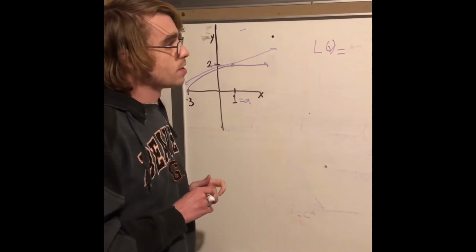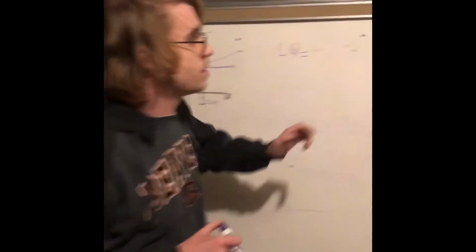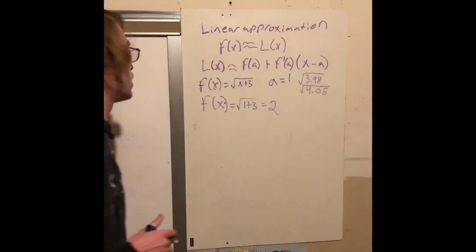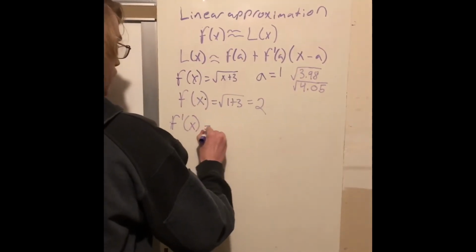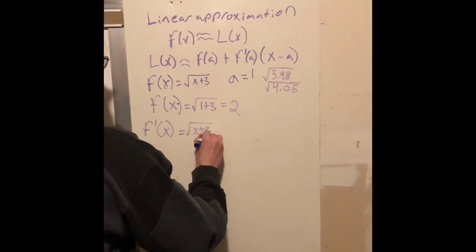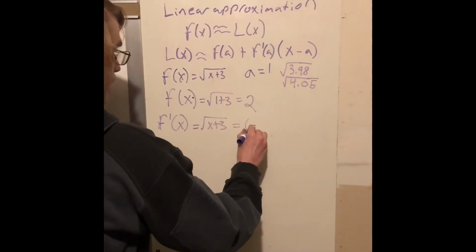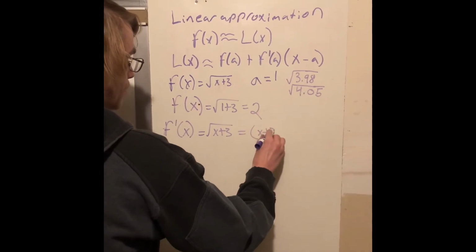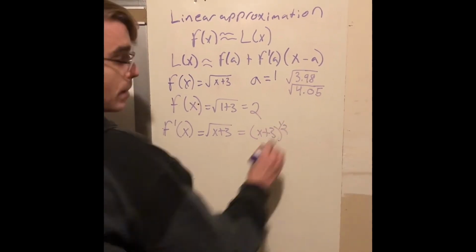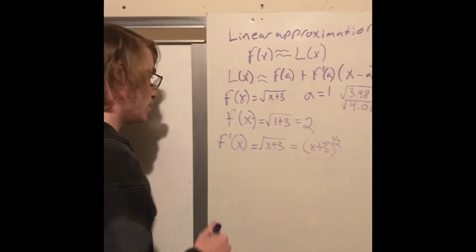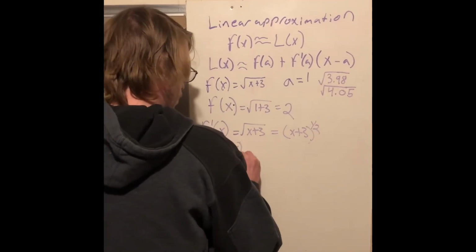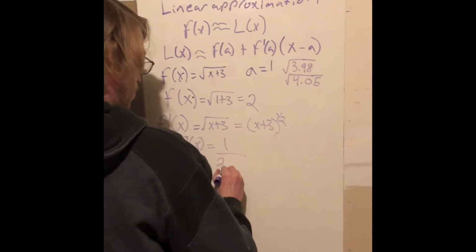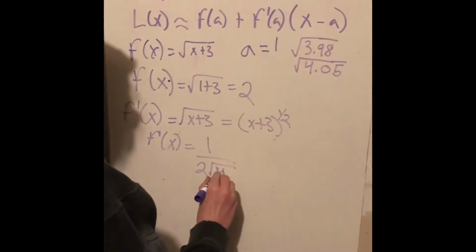So I'm going to get started with finding the derivative of this function right here. The derivative of the square root of x plus 3. I'm just going to make that (x plus 3) to the 1/2 just to make it easier to solve the derivative. So it's going to be equal to 1 over 2 square root of x plus 3.